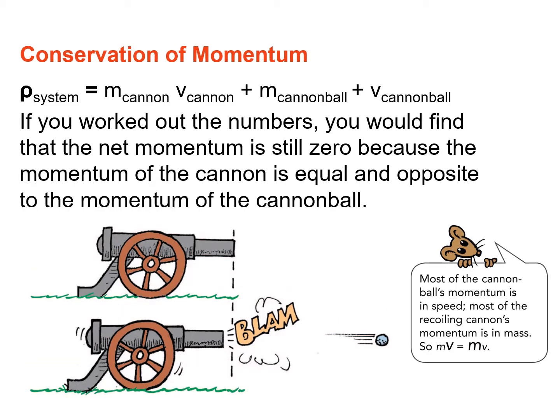If you worked out the numbers, you would find that the net force on the system, when you look at the cannonball and the cannon, even though they're separated as part of the same system, the momentum would still add up to 0, just like it did before the cannonball was shot out of the cannon. Interesting. It was 0 before, and it's 0 after.